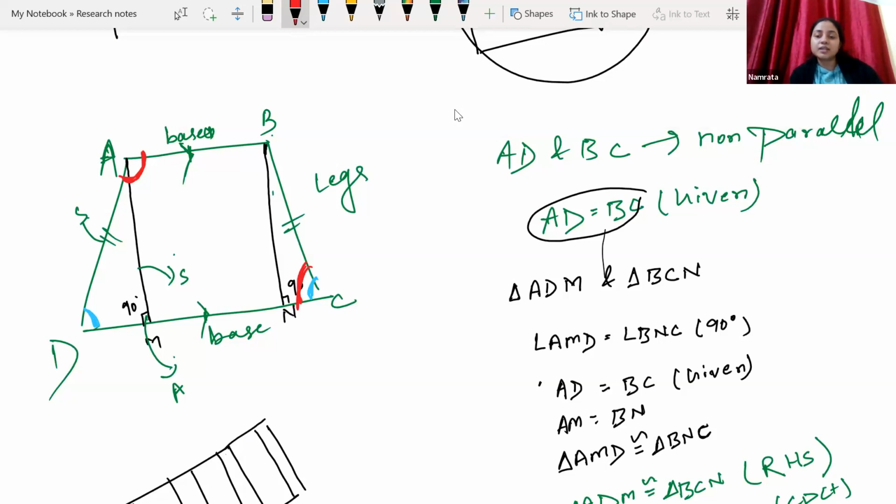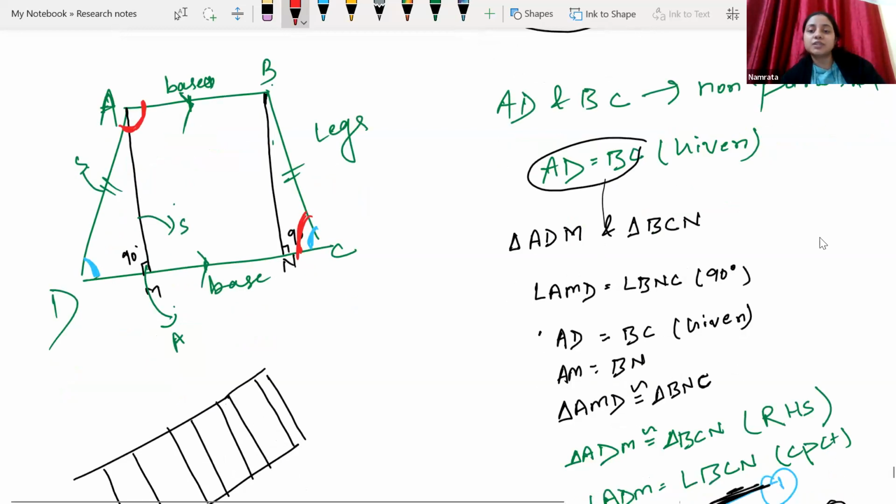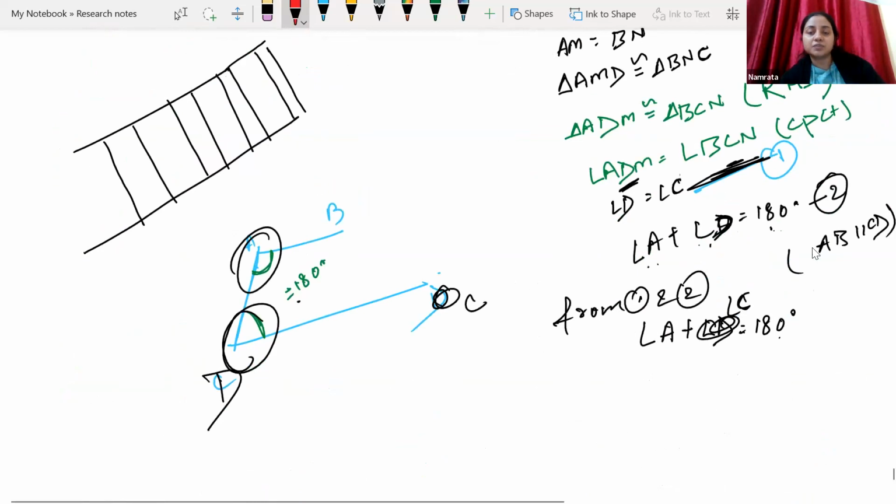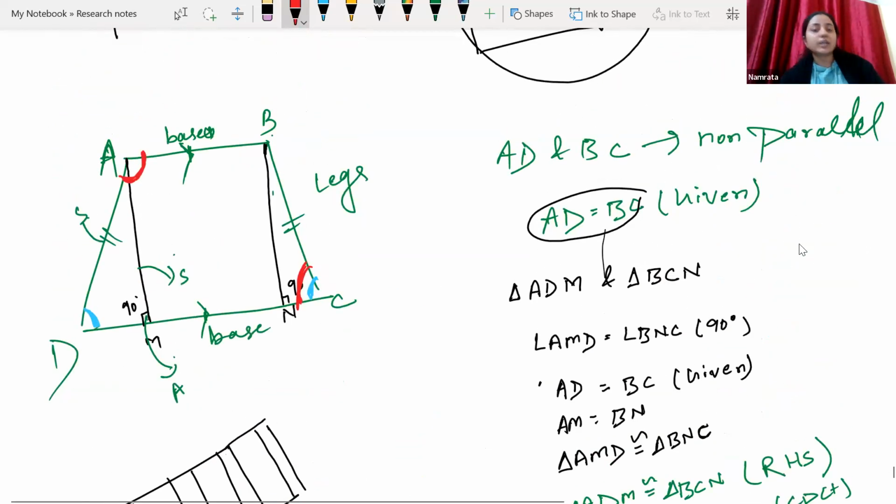Yes. Just before starting this concept, I was repeating that we say it's cyclic when the opposite angle sum is 180 degrees. And successfully, we have shown that the opposite angle sum is 180 degrees. What we did: we have a trapezium, we dropped the perpendicular, and we got two triangles, the left triangle and right triangle. We proved both triangles congruent. Once we did so, we got that two angles are the same, the two corner interior angles of this trapezium.